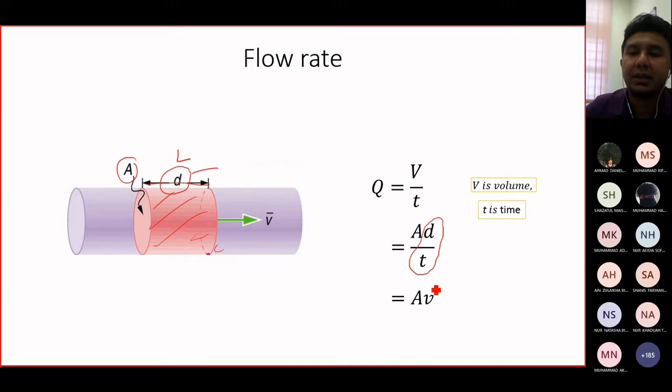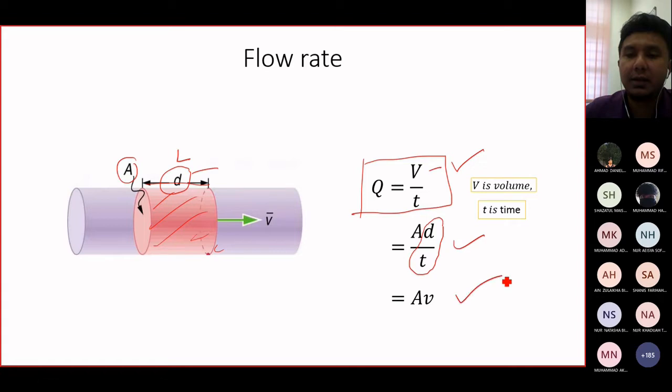Displacement divided by T equals speed. So if you are given time and volume, it's easy. But sometimes they don't give the volume. They give us area and speed. So we can find flow rate using either this or this, depending on the info given to us.